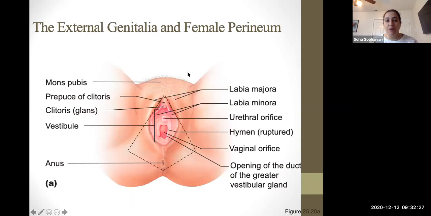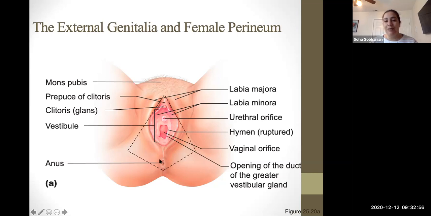Here is a different view of the female reproductive system. Up here, you have, again, the erectile tissue that's protected by the labia minora. Right underneath that, you have the opening for the urethra, the urethral orifice. The larger opening underneath that would be the opening for the vagina, or the vestibule of the vagina.